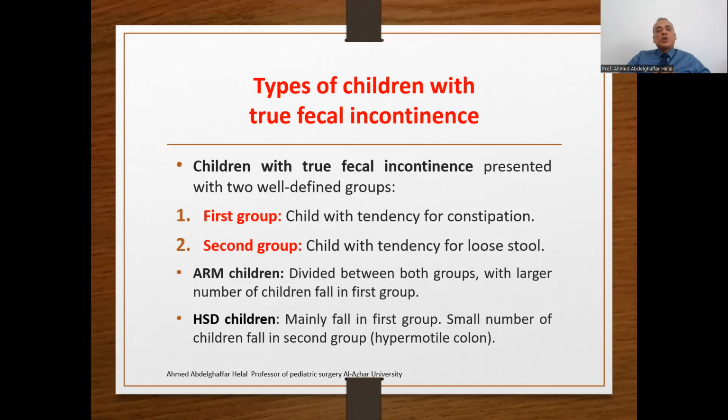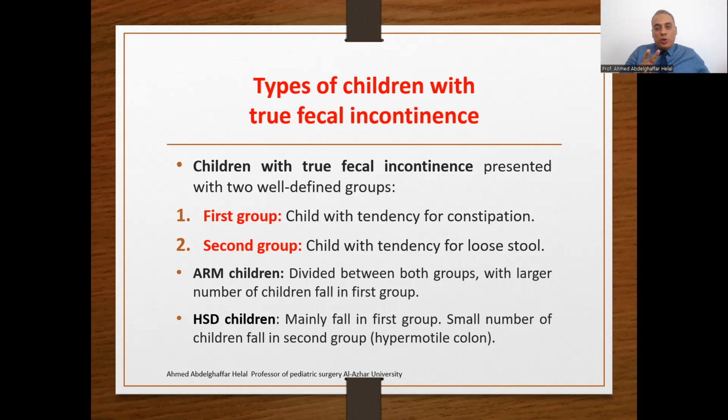Types of children with true fecal incontinence. The child with true fecal incontinence presents in two well-defined groups. Number one, the first group, is a child with a tendency for constipation. The second group is a child with true fecal incontinence with a tendency for loose stool.